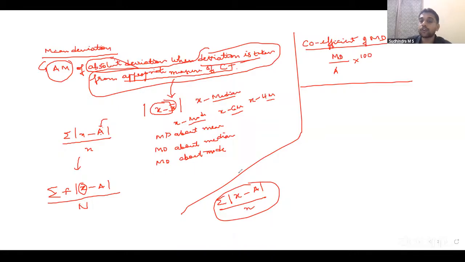Below that, in case of grouped data, mean deviation equals summation f into modulus x minus a by capital N.